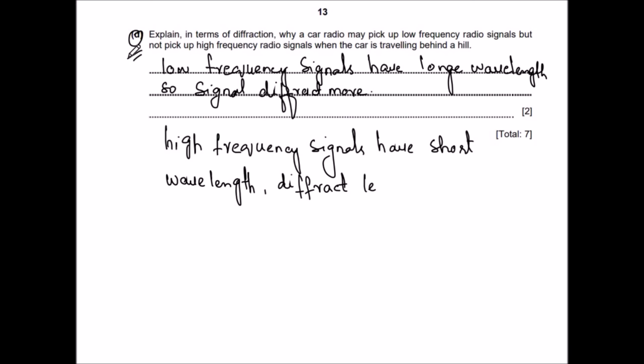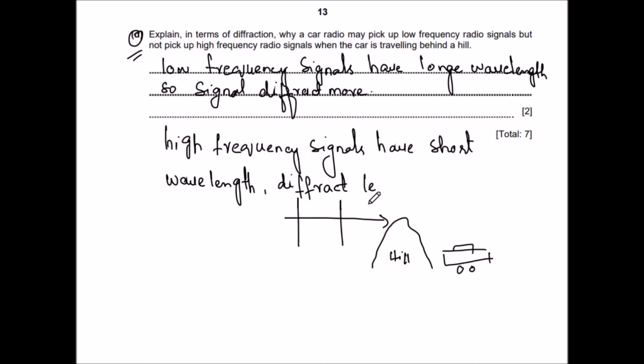Part B. Explain in terms of diffraction why a car radio may pick up low frequency radio signals but not pick up high frequency radio signals when the car is traveling behind a hill. Look at this diagram. There is a hill and there is a car traveling this side. Remember one thing, this is the direction of the radio wave, left to right.